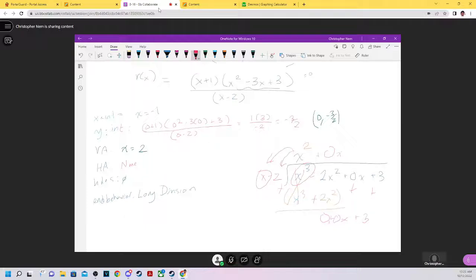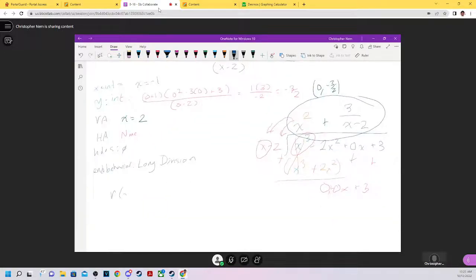So I have x squared plus the remainder, 3 over x minus 2. This is my new function once I divide it. So r of x equals x squared plus 3 over x minus 2 if I did long division.